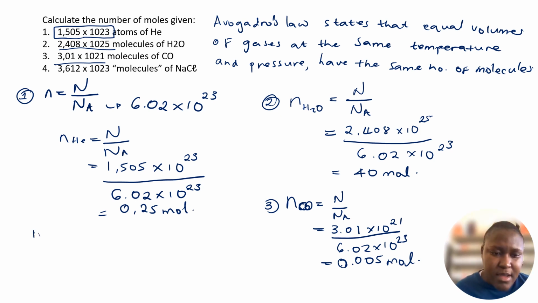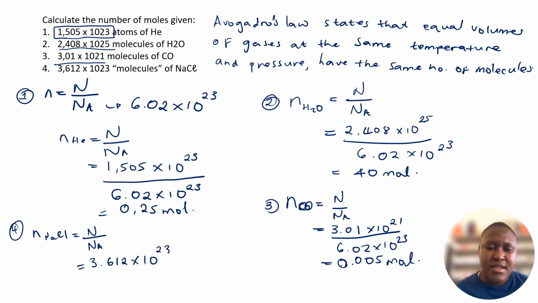Sodium chloride: number of moles of sodium chloride equals the number of molecules of sodium chloride divided by Avogadro's constant, which is 3.612 times 10 to the power 23 divided by 6.02 times 10 to the power 23, and you get 0.6 moles. And that is all for today.